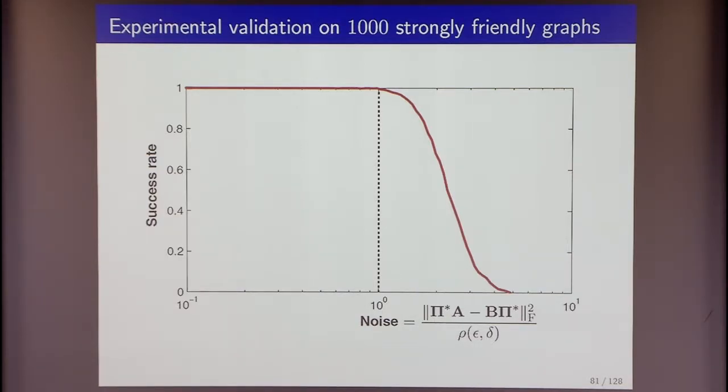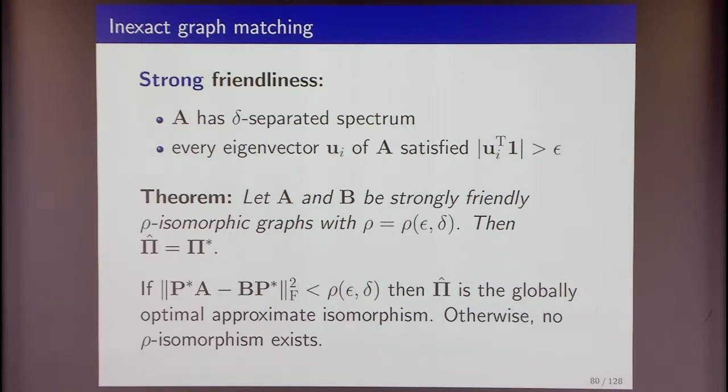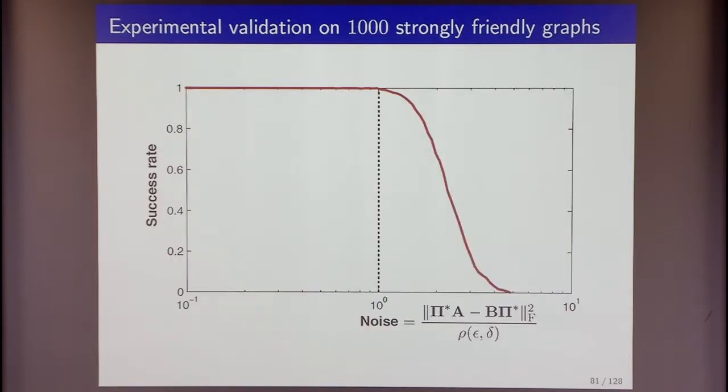Just to plot everything on the same axis, I'm normalizing the noise by this specific bound. So for every graph, of course, it will be a different constant. So when I'm adding normalized noise of 1, the bound is supposed to hold, and beyond that there is no more theoretical guarantee.